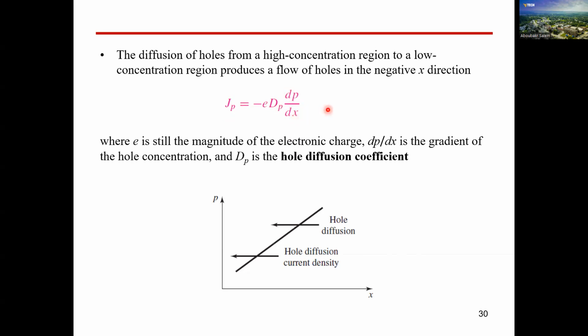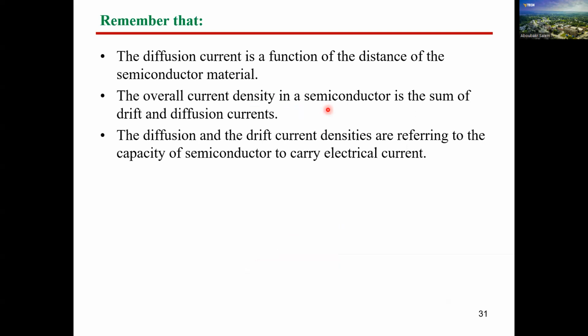So by the end, the total current for sure should be the summation of the two diffusions. Okay, so the diffusion current is a function of the distance in the semiconductor material, which means that along the semiconductor material, the density is going to be different. And then the overall current density in the semiconductor is the sum of the drift and diffusion currents.